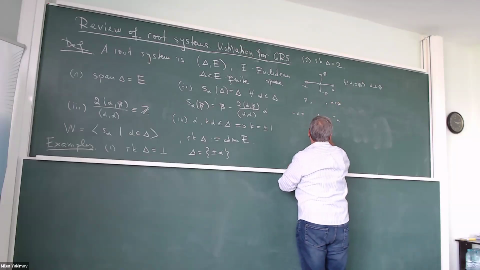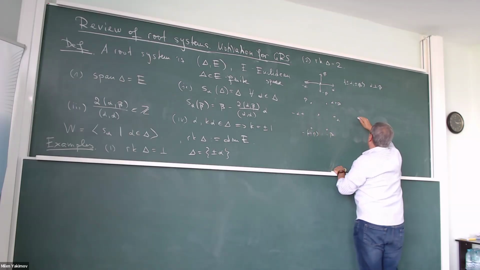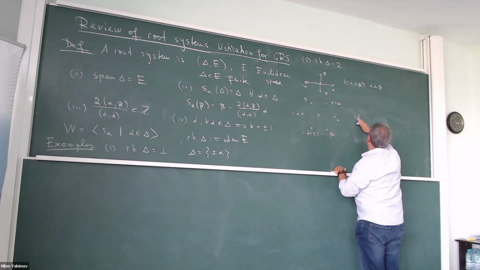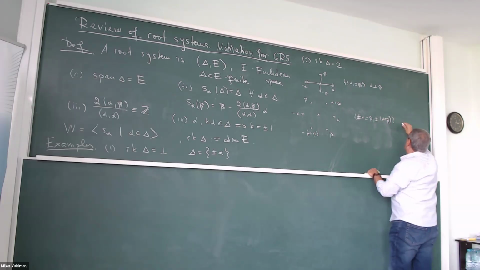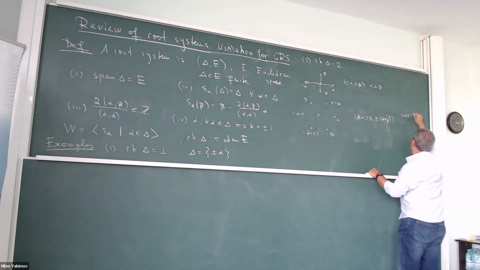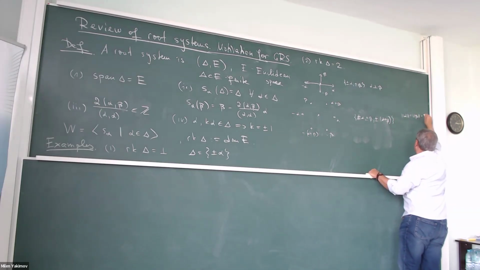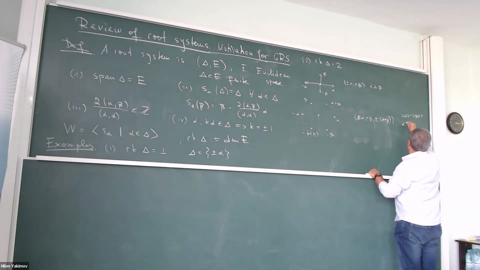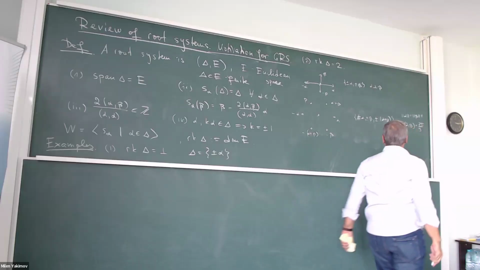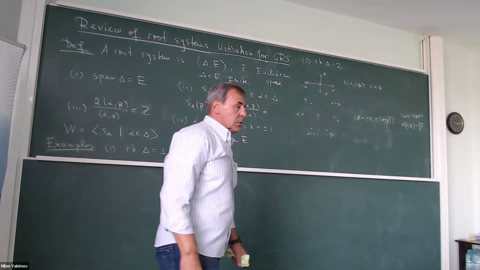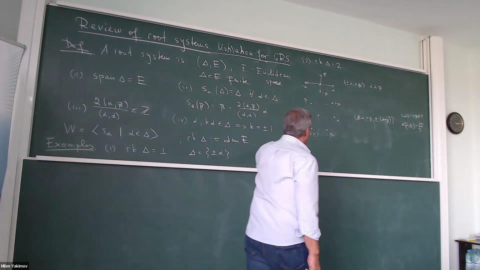The roots are plus minus alpha, plus minus beta, plus minus alpha plus beta, where alpha and beta are the same length, and the angle between alpha and beta is 2 pi over 3. So this is the second case.